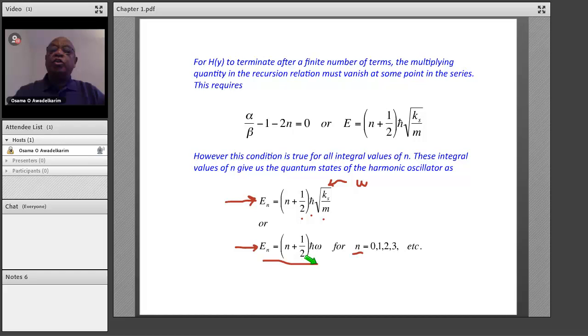Now, this quantum energy state is what we call the photon. Remember, the photon has energy of the form h bar omega. So what we have here are bundles of energy in the form of photons.